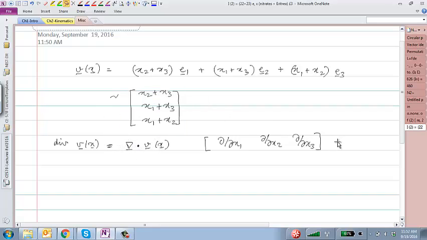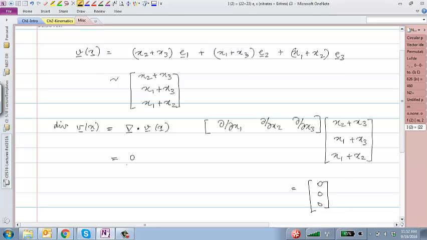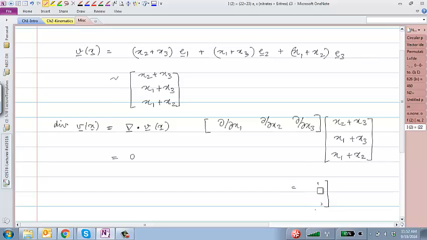So x2 plus x3, x1 plus x3, x1 plus x2. And if I do that, what's the result? The first one does not depend upon x1. The second one does not depend upon x2. The third one doesn't depend upon x3. So the result is indeed 0, 0, 0. And in this case, that is just equal to the zero scalar. Sorry, you're right, it should be a zero scalar, not a zero vector. Okay.